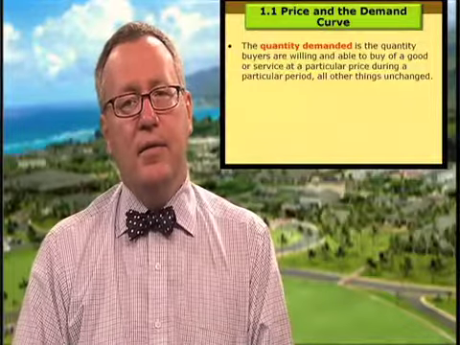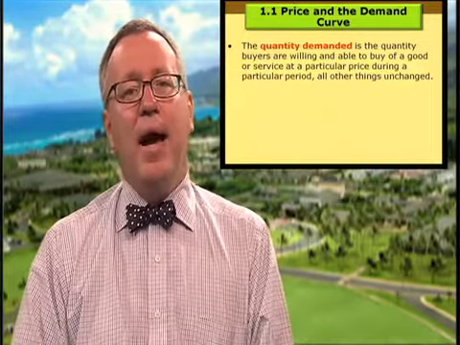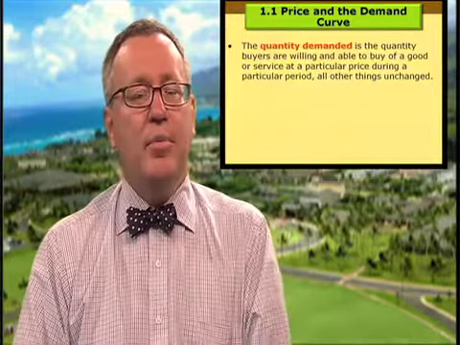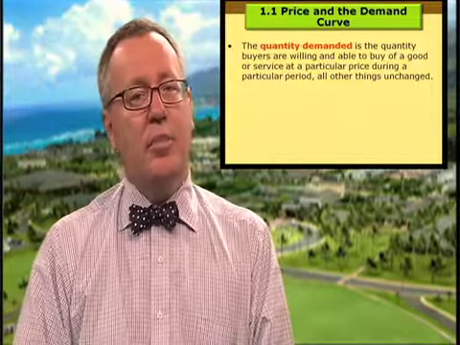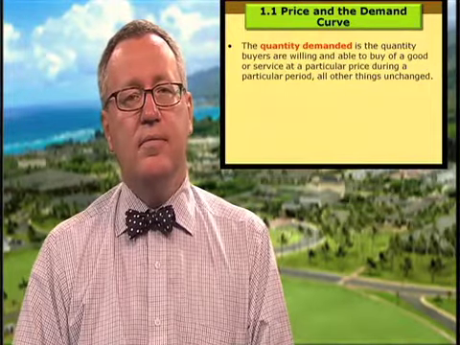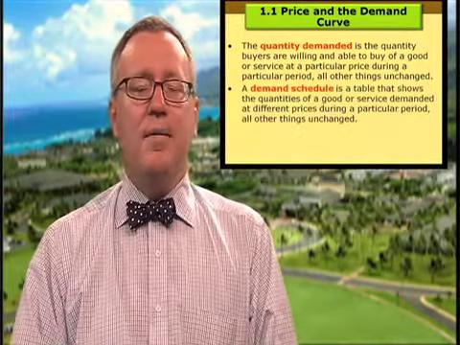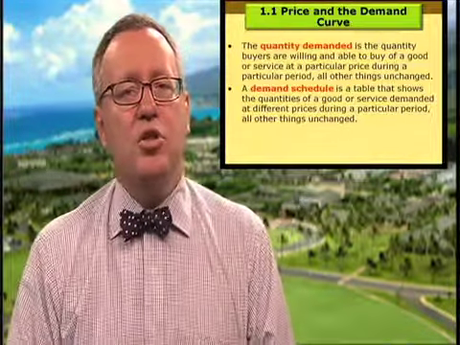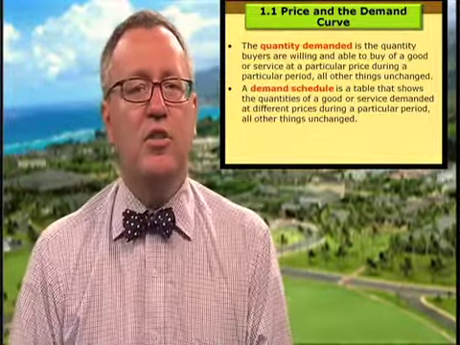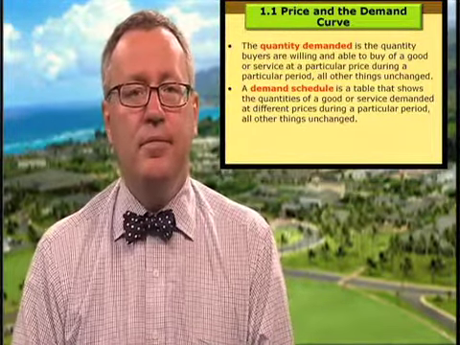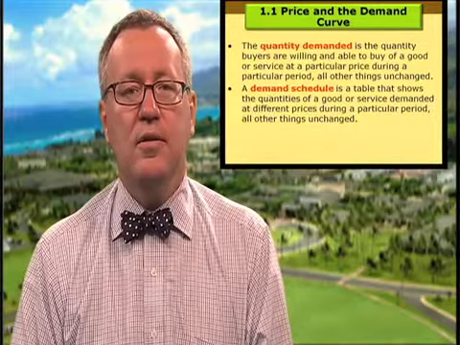Quantity demanded is the quantity that buyers are willing and able to buy of a good or service at a particular price during a particular period, everything else held constant. A demand schedule is nothing more than a table. It's a table that shows the quantities of a good or service demanded at different prices during a particular period, everything else held constant.